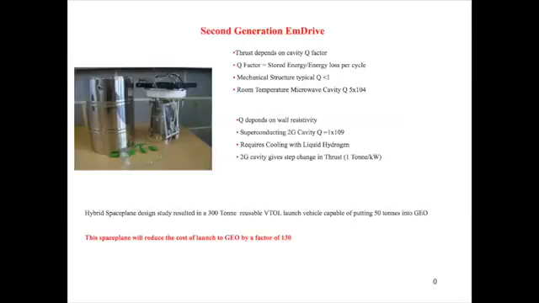In fact, the design study that we did showed that we can come up with a 300-ton reusable vertical takeoff and landing launch vehicle capable of putting 50 tons into geostationary orbit regularly on an almost aircraft-like sort of cycle.